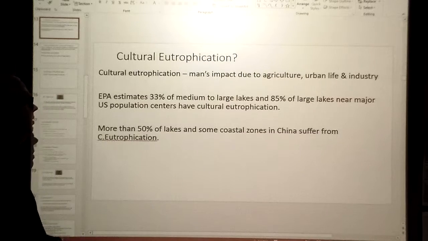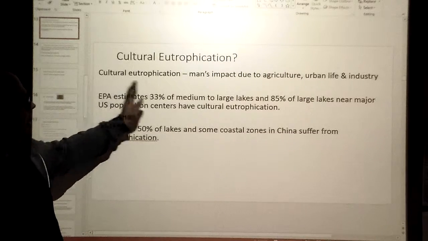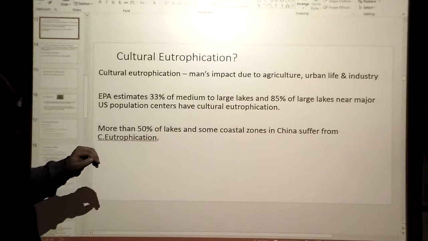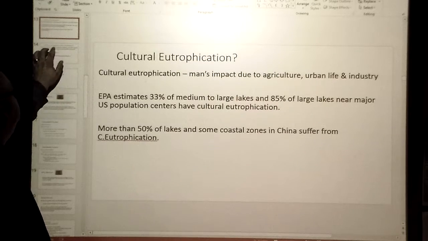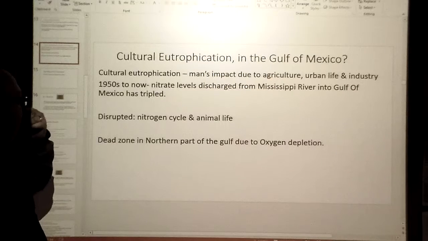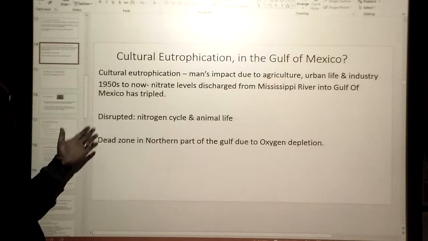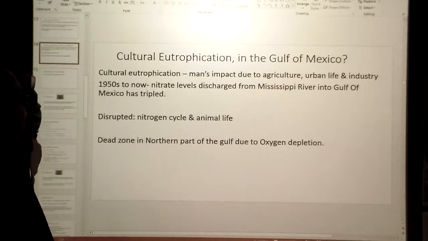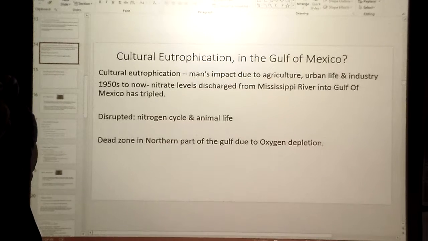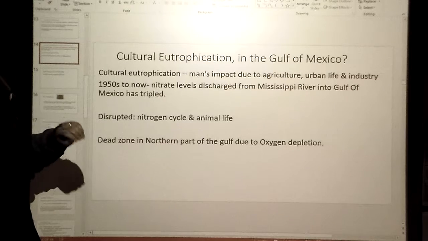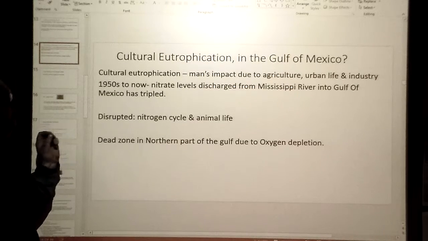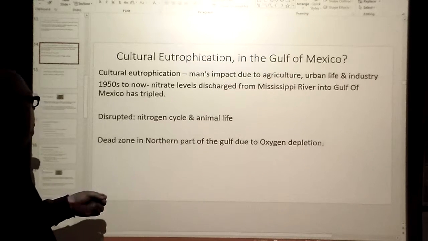And again, this is just statistics as far as the EPA goes. Feel free to pause and write your notes there. The other thing about it is we can talk about man's impact due to agriculture, urban life, and industry. From the 1950s to now, the nitrate levels discharged from the Mississippi River into the Gulf of Mexico have tripled.